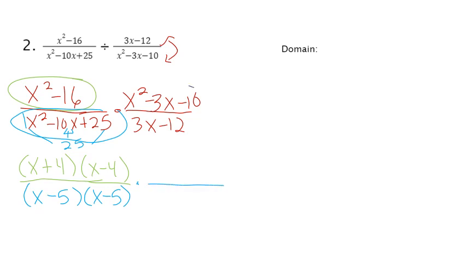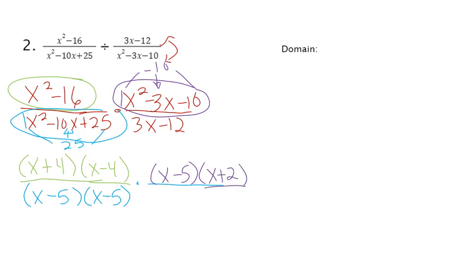For this top upper right, or that numerator for the second one, factors of -10 that add to -3. So that would be -5 and +2. And then the bottom, if we're going to go through our checklist, it's just a GCF, so I can pull out a 3 from both of them.